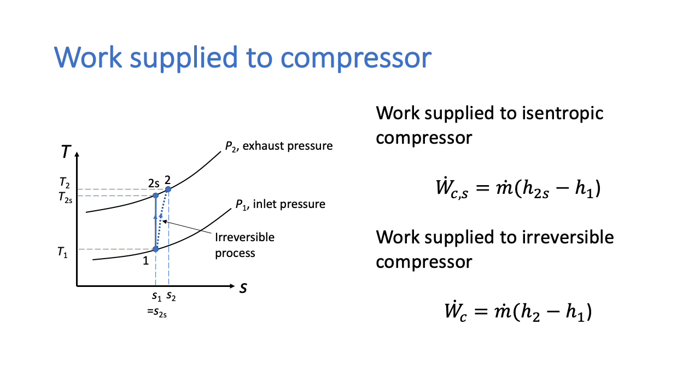The work supplied to the irreversible compressor, W dot C, is m dot times H2 minus H1. And we can see from the diagram that H2 minus H1 is greater than H2S minus H1. The irreversible compressor therefore requires more work to be supplied to it than the isentropic compressor.